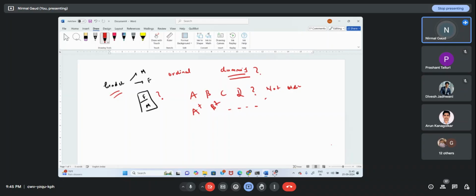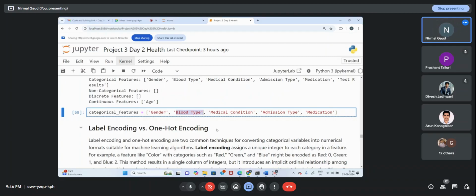Is any order present here? It is not in order, not ordinal. Then what should I do here? Again, should I create dummies for this also? Yes. Okay, dummies for this. Okay, fine. Now, medical condition. What about medical condition? Is medical condition in order?